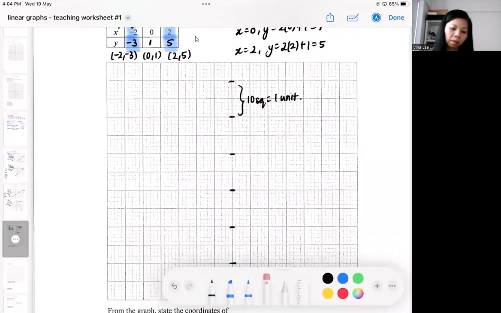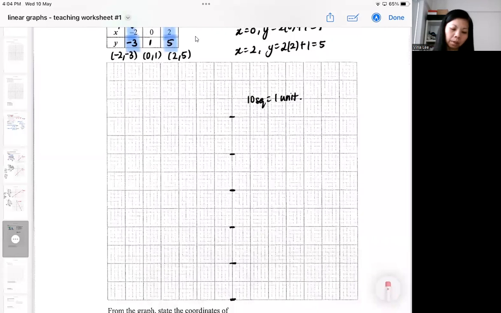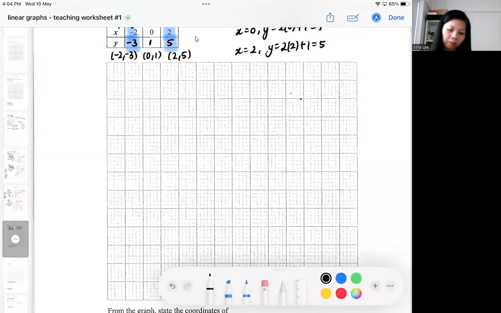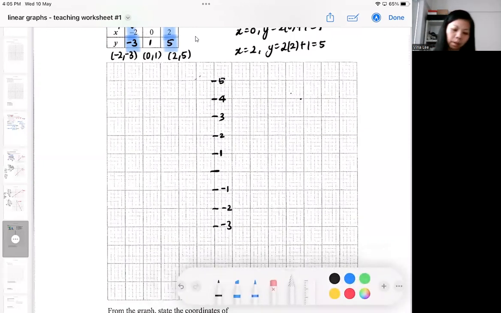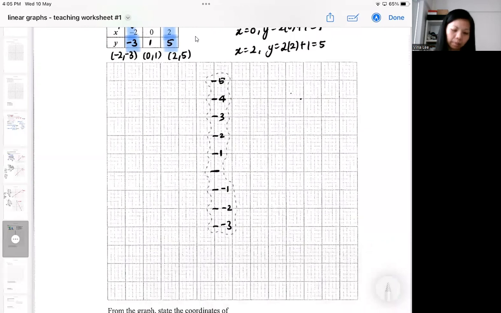That means I cannot use 10 squares as 1 unit. So maybe I can only use 5 squares. So this one is 5, 4, 3, 2, 1, 0, -1, -2, -3. Okay, so then I count already, and I make sure that's enough.